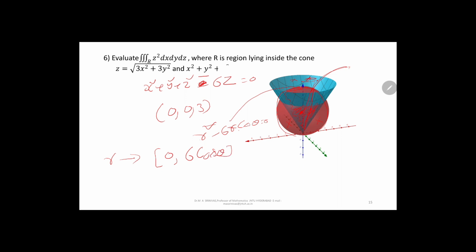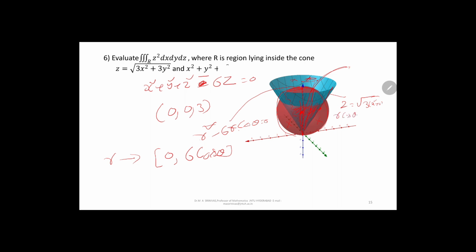If I take the point here itself, it is making an angle 0, and if I take the point here on the cone, then I'll get some angle. That is the maximum angle I can make. So what is this cone? This cone is z is equal to root 3 times root of x square plus y square.